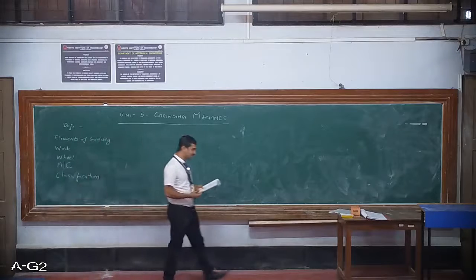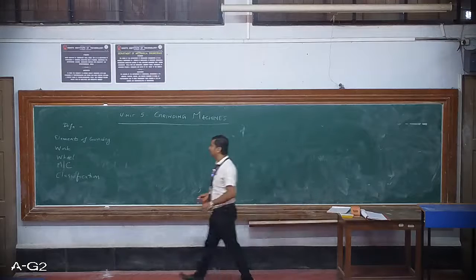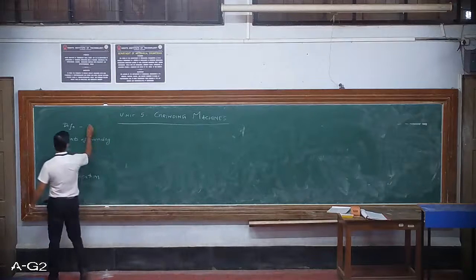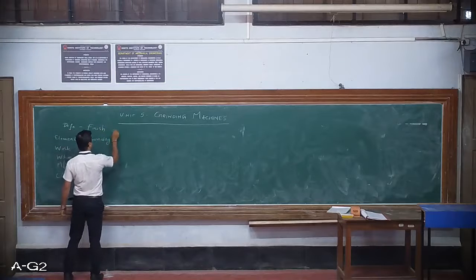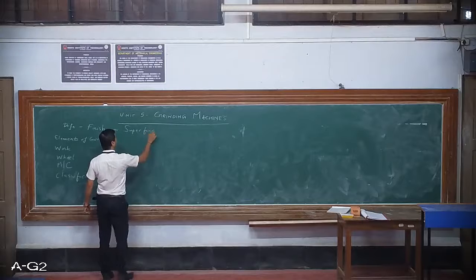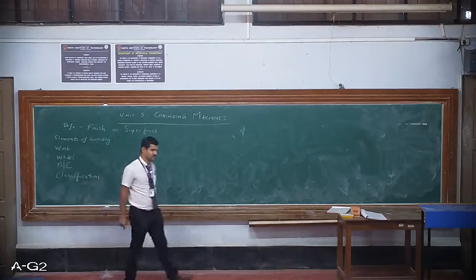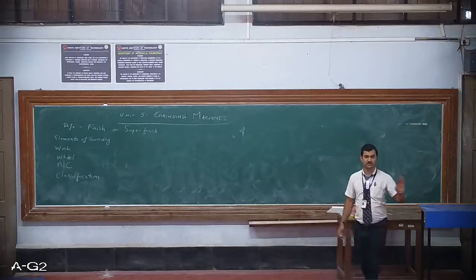Basically, grinding is a finishing or super finishing process. You can say it as a finish or super finish process. What do you mean by finish? Let us take an example of this bench, or you can take the example of this podium.